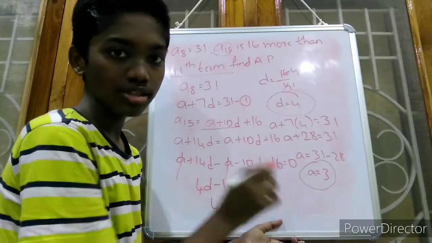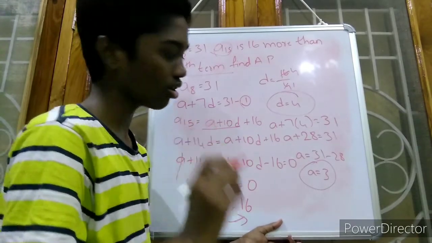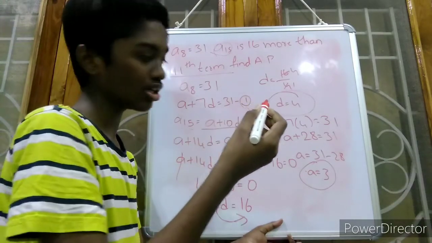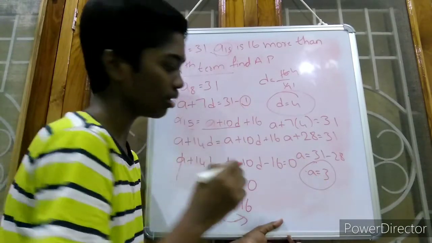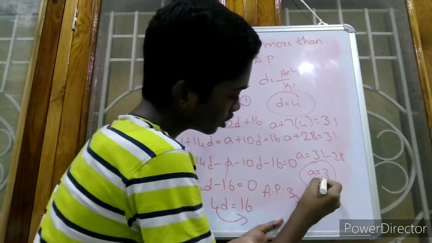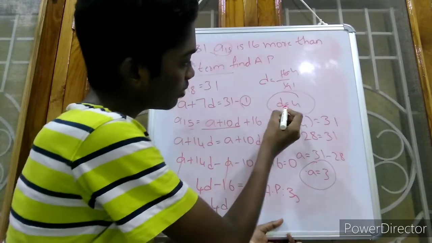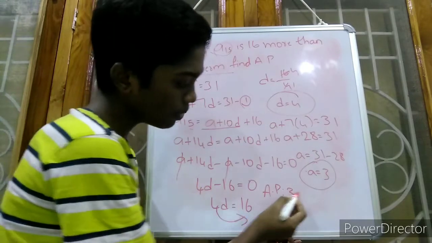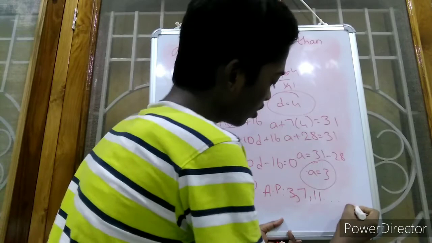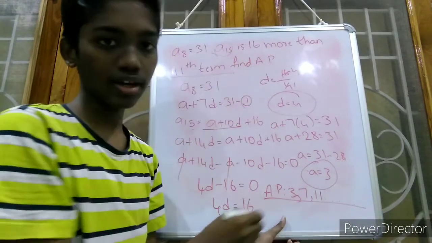A value means the first term of the arithmetic progression. Here we got the first term as 3. So the AP has 3 as the first term, and the common difference, nothing but D, we got as 4. 3 plus 4 is 7, 7 plus 4 is 11 and so on. This is the arithmetic progression 3, 7, 11 and so on.